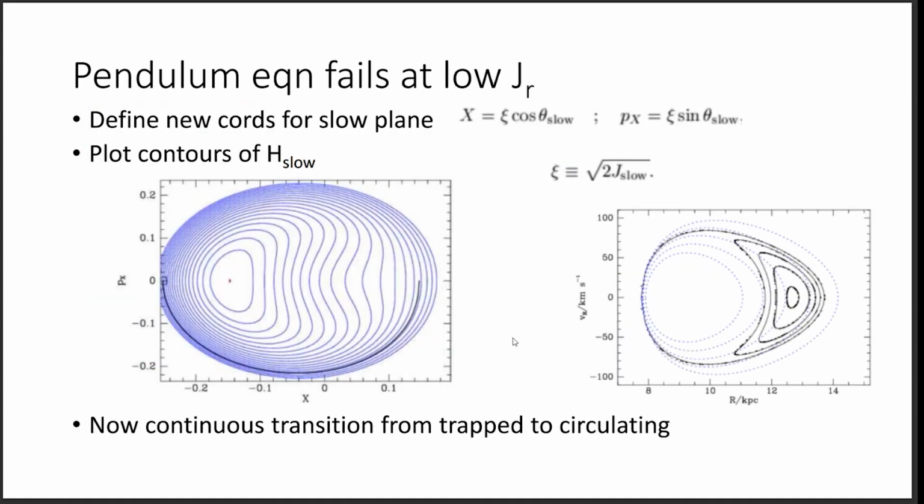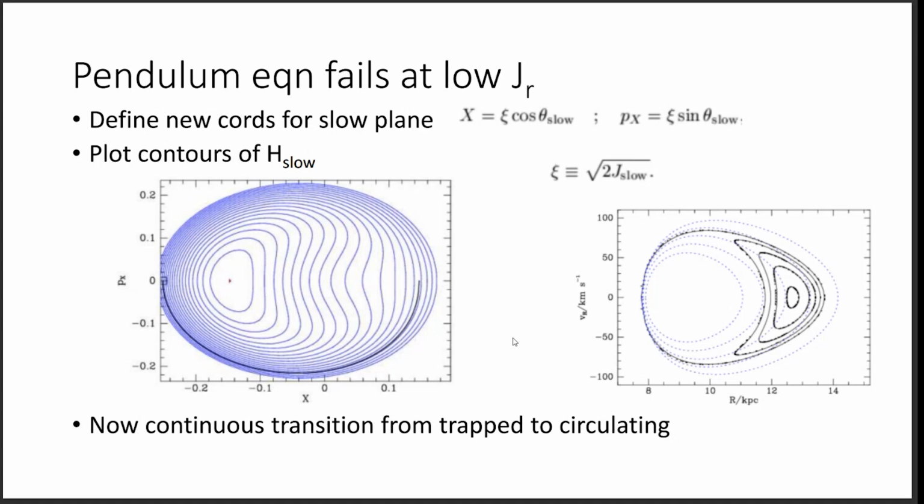And what happens is this: as you drop the J_R associated with the torus you're trying to construct, the effective Hamiltonian, the slow Hamiltonian, which over here looked like this, morphs into this picture.